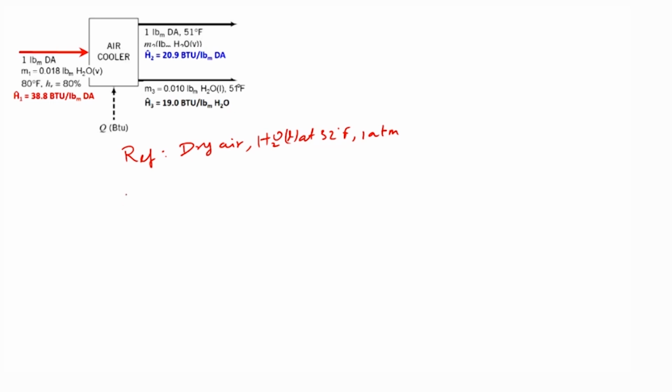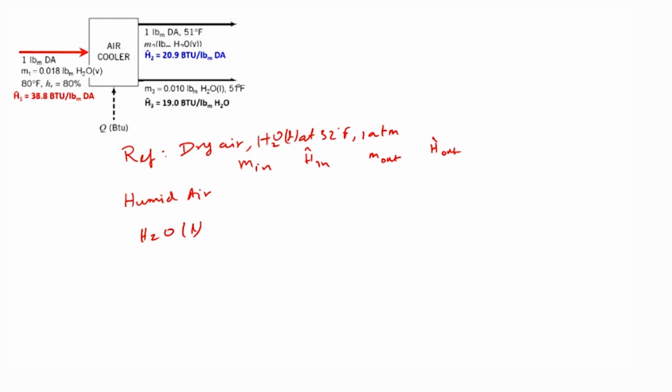So water is liquid and dry air is obviously in the gas phase. So your components are humid air and water liquid, which are entering and leaving the system. You have M in, H cap in, M out and H cap out. The enthalpies which we got were in terms of BTU per pound mass of dry air.